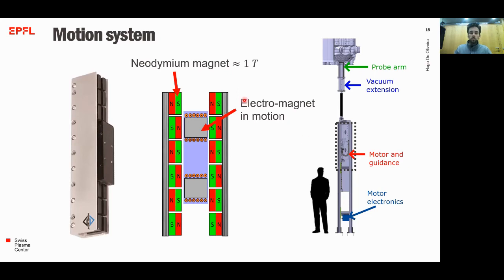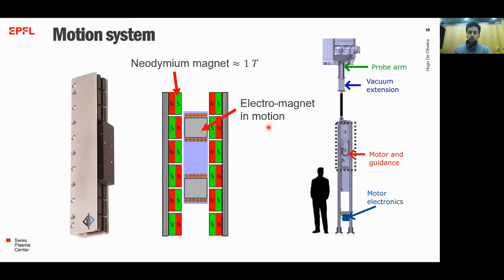The science of those motors is we have a stator, the static part, which is an alternating array of permanent dipoles. And the moving part is holding the electromagnets that are commuting the current in order to align with the desired dipole.